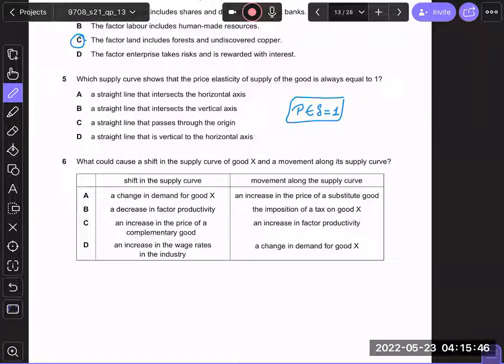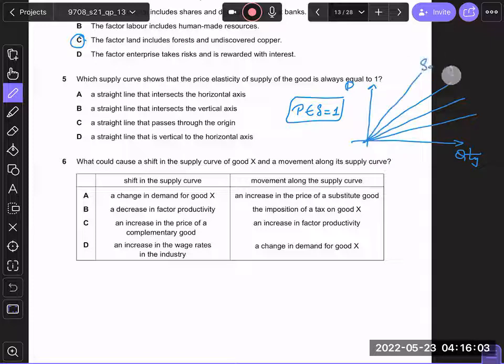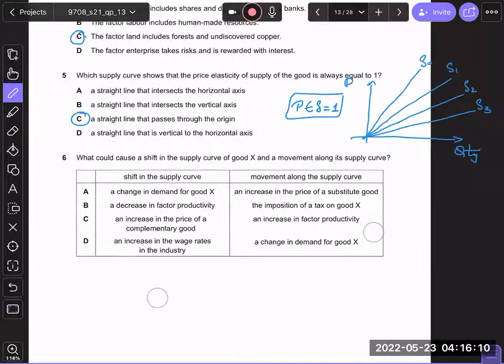Yeah, the straight line that passes through the origin. Right, any line that is passing through the origin. Here we have quantity on the y-axis and price on the x-axis. Regardless, all these supply curves S0, S1, S2, S3 have a PES value equal to 1.